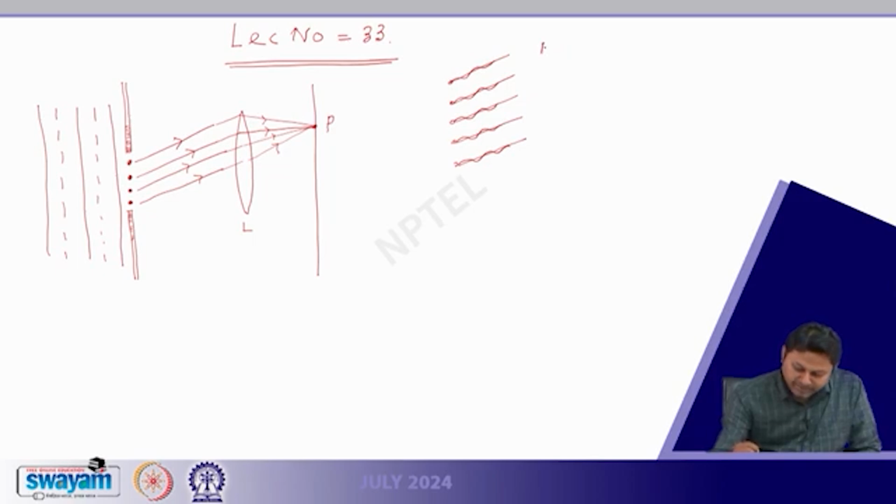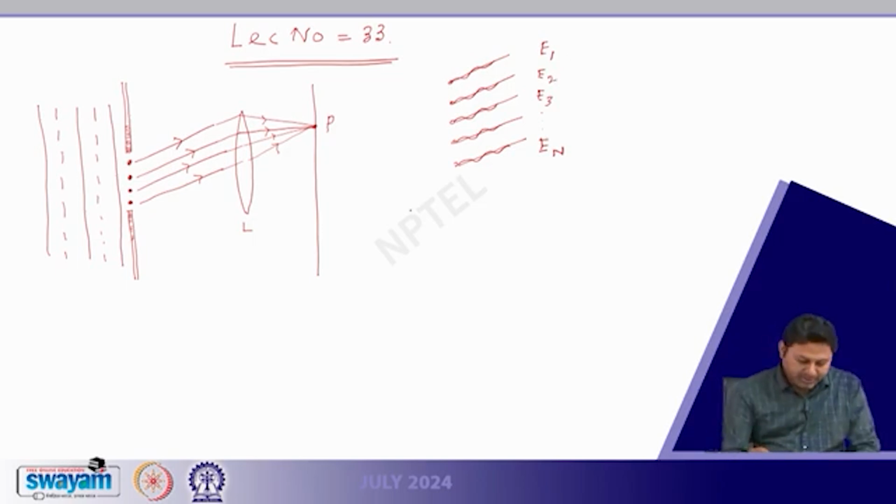We name the waves E1, E2, E3 and En, if I consider n number of oscillators, and these are the fields of the waves coming out.